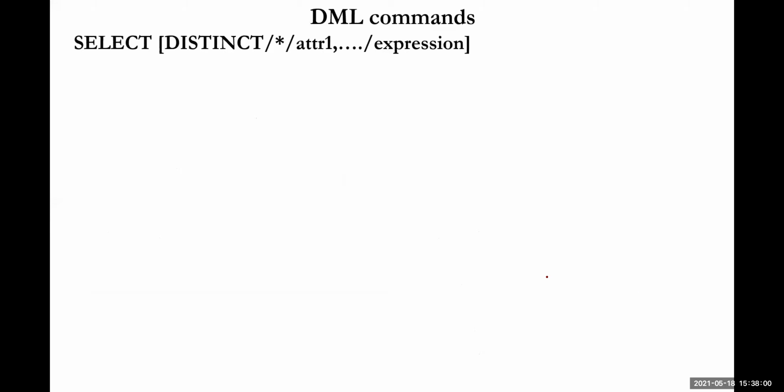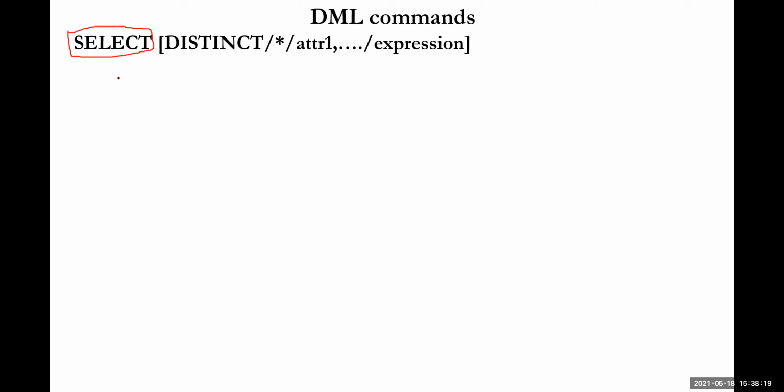Then DML, data manipulation commands. First and foremost, a very, very important command. Throughout Oracle, this particular command has a special identity because users always want to display the data, rather than insertion, deletion, or updation.